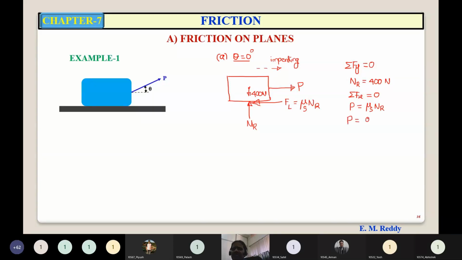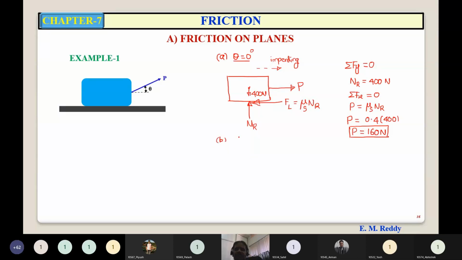Mu s is given as 0.4 into 400. So the force required to cause the motion is 160 Newton. Right?